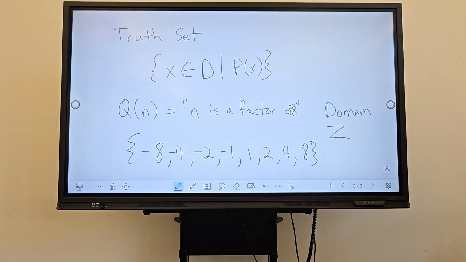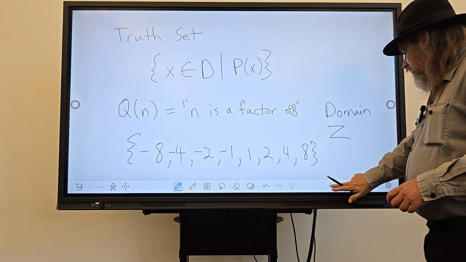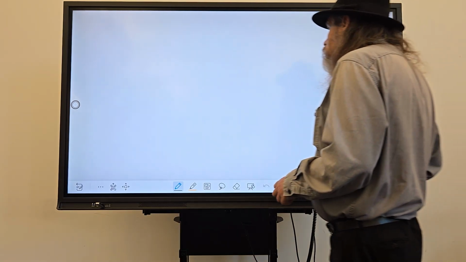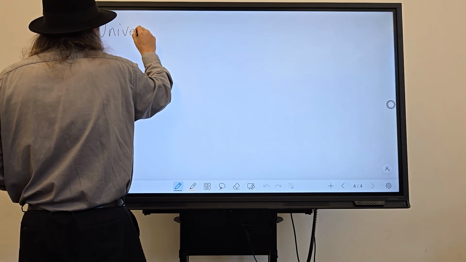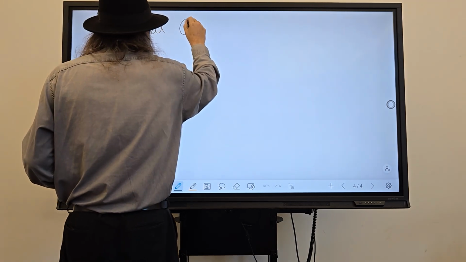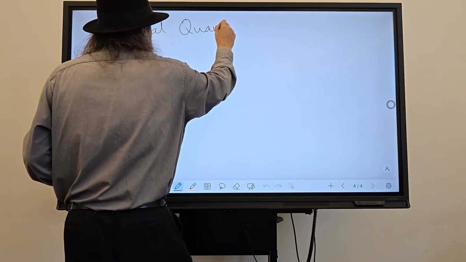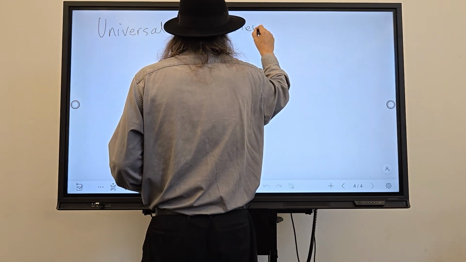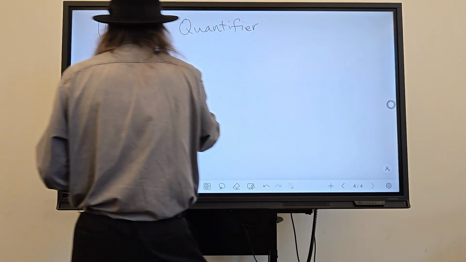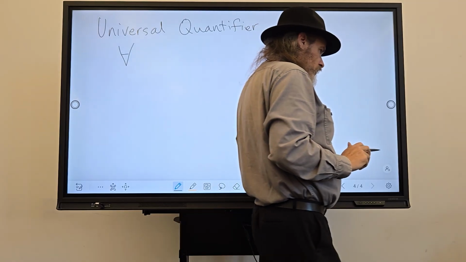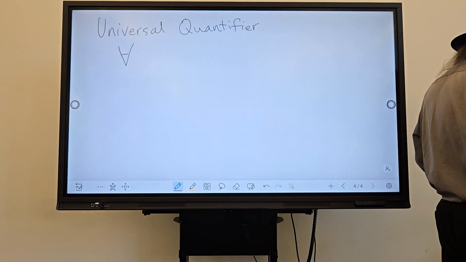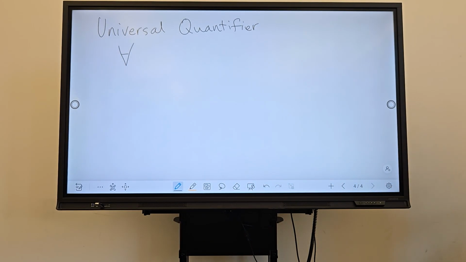All right, let's see here. The universal quantifier. The symbol for that is an inverted A. You can make a predicate a statement by assigning values to all the variables. This was done in the previous example. Another way to do this is using quantifiers.